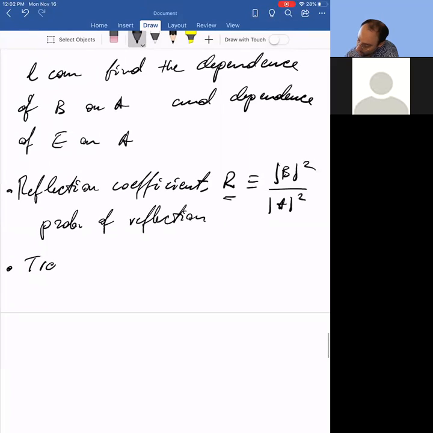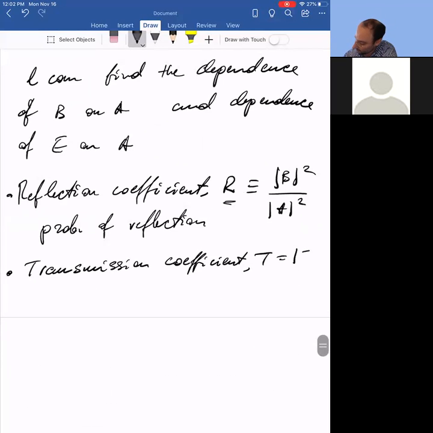And a transmission coefficient called T is the magnitude of the outgoing wave E divided by A. Okay? And this is the probability of transmission. I will now state the result for the transmission coefficient as a function of energy, right?